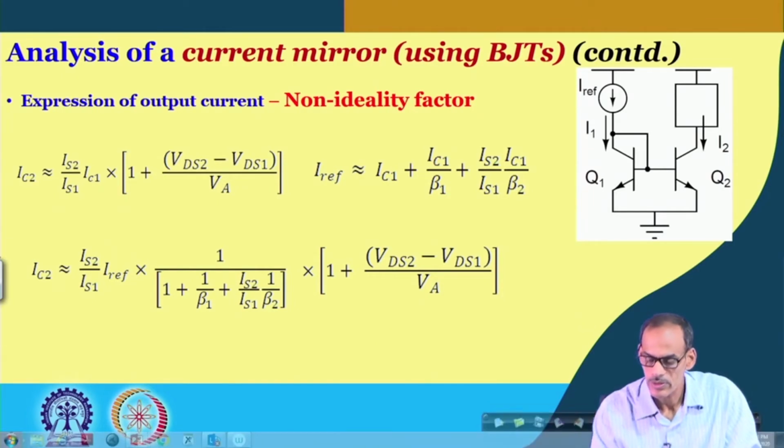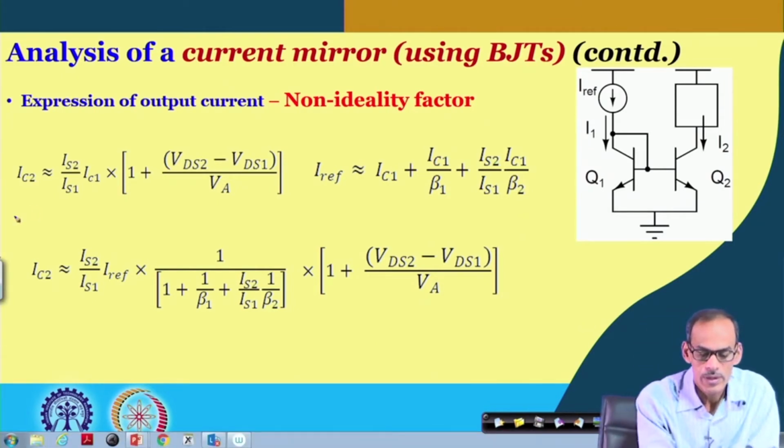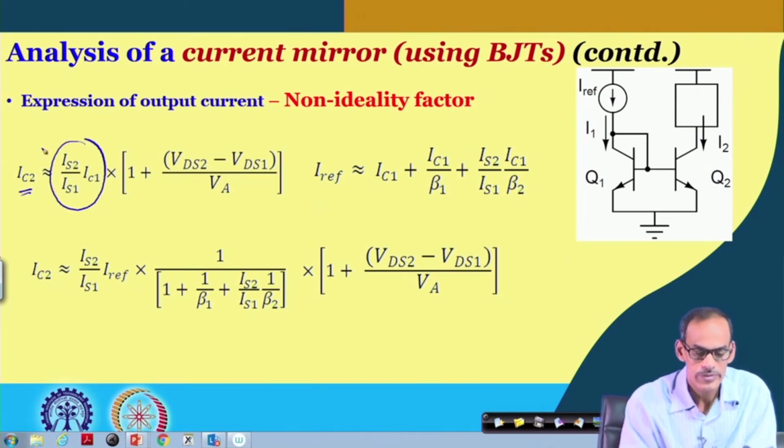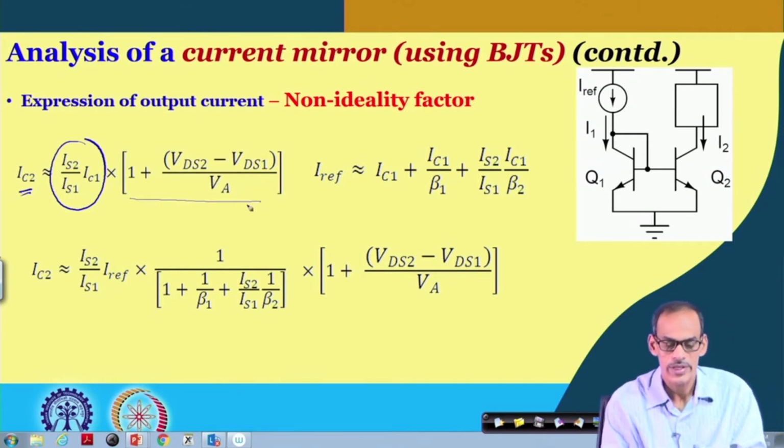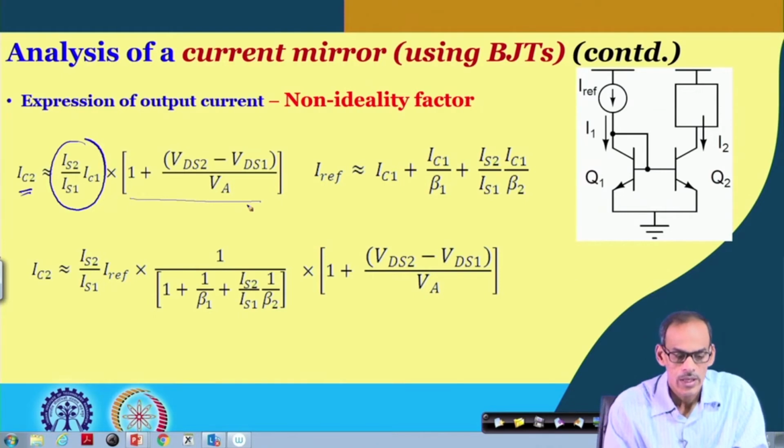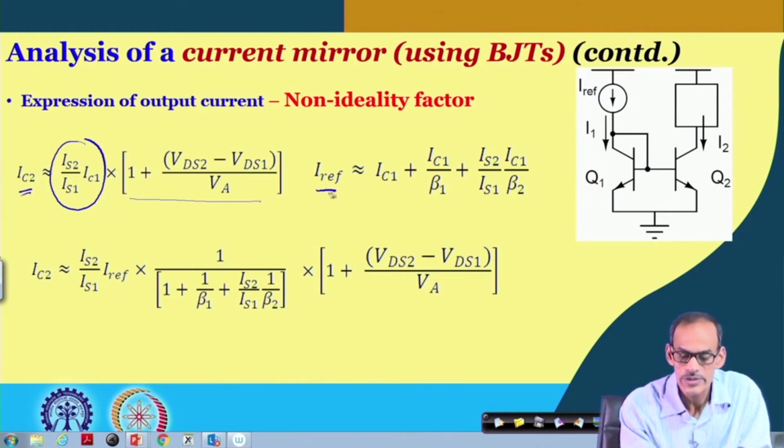So, here what we said is that the expression of IC2 primarily has this factor, and then whatever non-ideality factor, and then Iref and IC1 have this relationship.